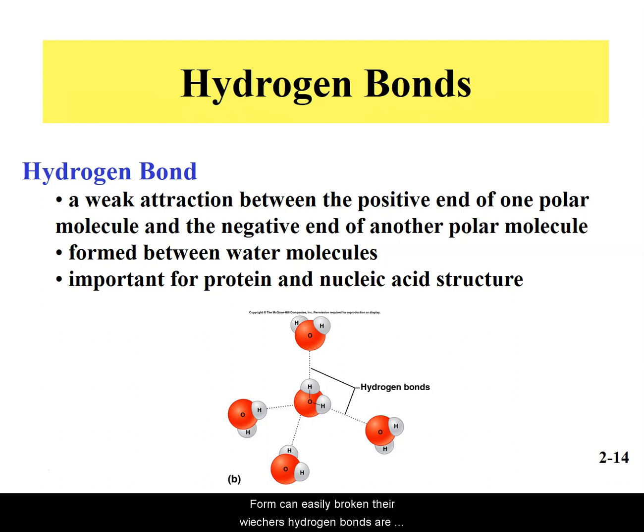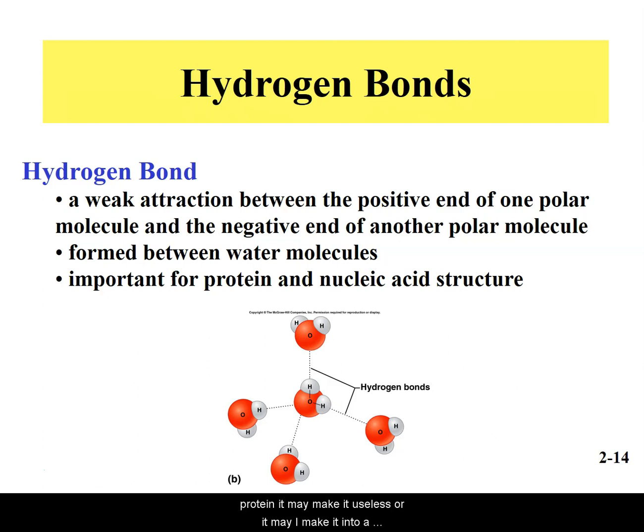It's all about those hydrogen bonds that are easily formed and easily broken. They're weaker. Hydrogen bonds are weaker than covalent bonds, but essential for life. They help to stabilize the 3D shapes of larger molecules. Proteins have a 3D shape, and if you break those hydrogen bonds, if you alter or denature the protein, it affects the function of that protein.